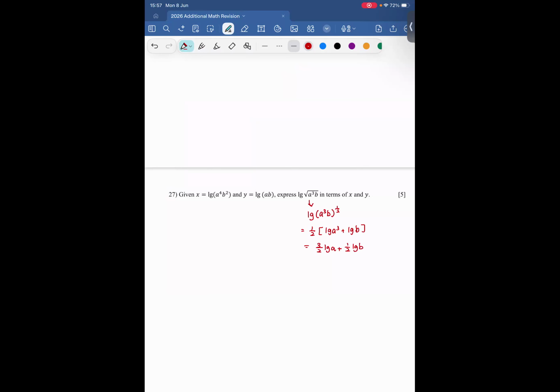So from here, I know x is equal to log a4 plus log b squared. I can bring the power down. From the second equation, I know that y is equal to log a over b. I can write y as log a minus log b.